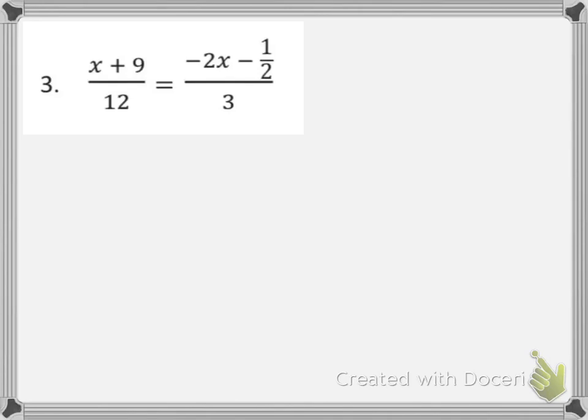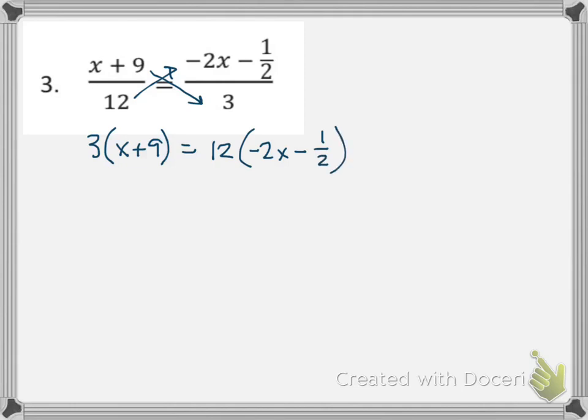Number 3. Same idea here. 3 times the quantity x plus 9 is equal to 12 times the quantity negative 2x minus 1/2. Okay, and I see we've got some fractions in there, but we're not going to let that freak us out. We're just going to use calculating with fractions principles.